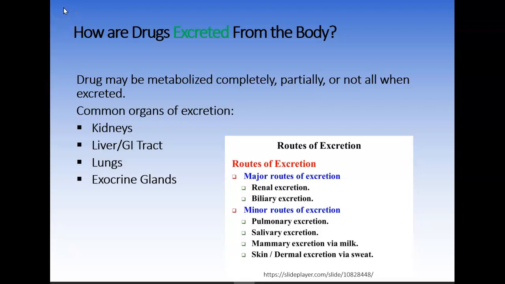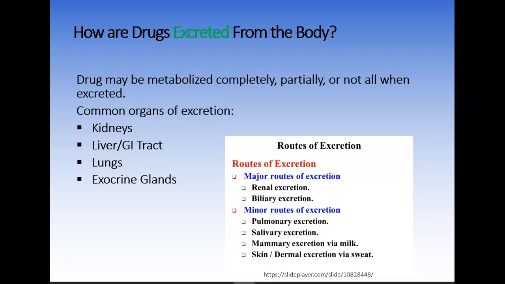So how are drugs excreted from the body? Well, they can be metabolized completely, partially, or not at all when excreted. Our common organs, as we said, are the kidneys, liver, GI tract, lungs, and exocrine glands. The major routes of excretion are renal and biliary excretion.